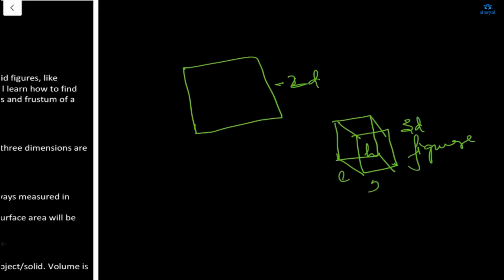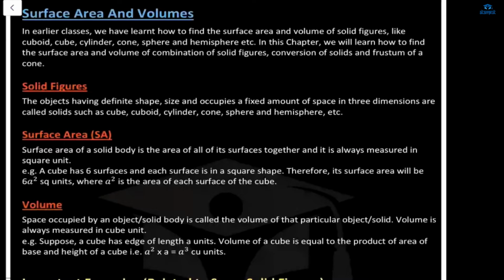Like your room in which you are sitting, it can be a cuboid or a cube. You can see there are four walls, a floor and a ceiling. So it is a three-dimensional figure. It has a volume, and it has surface area. Now let's see, and then I will explain that in detail.